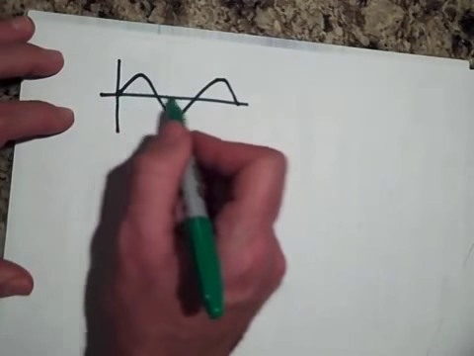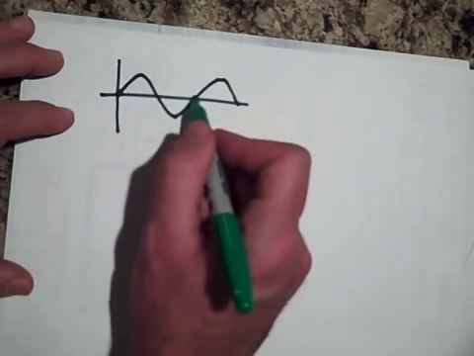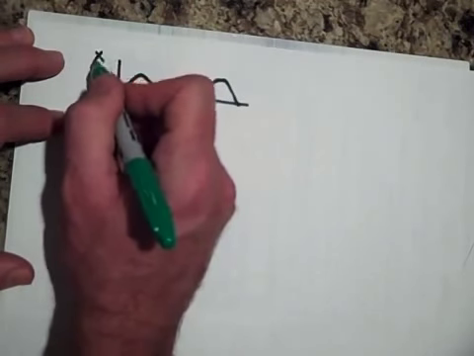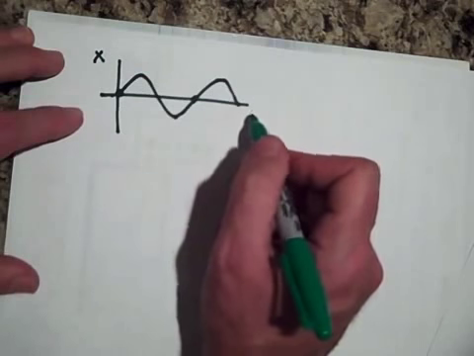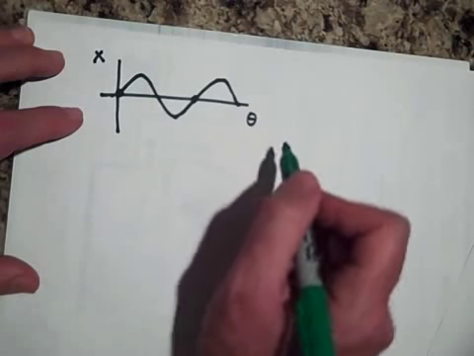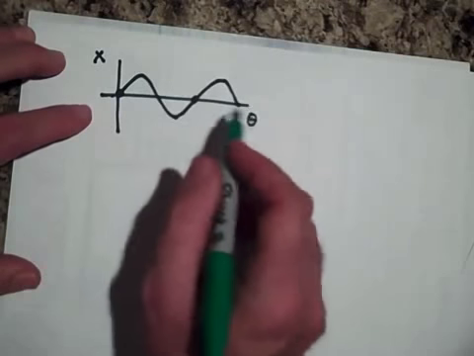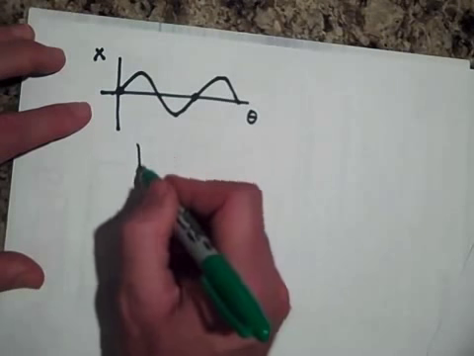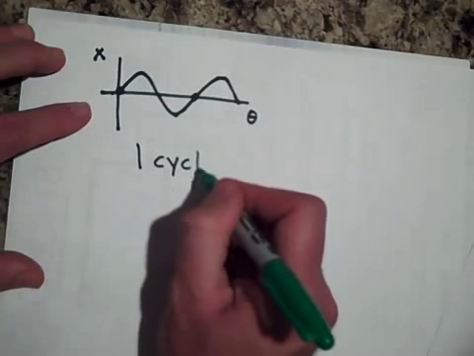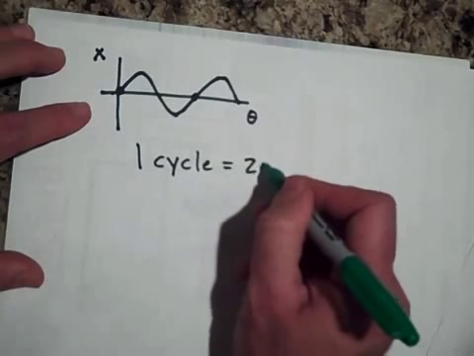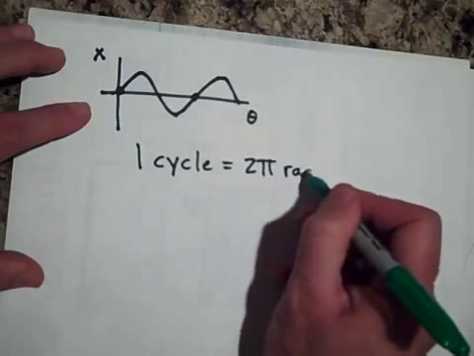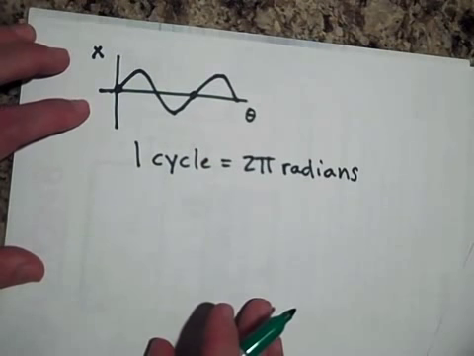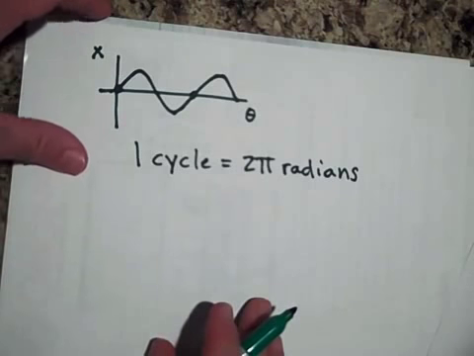If this we call x and this we call theta, then it's getting done with a cycle in 2 pi. Okay, so 1 cycle is equal to 2 pi radians. Circle or simple harmonic motion, it's the same thing.